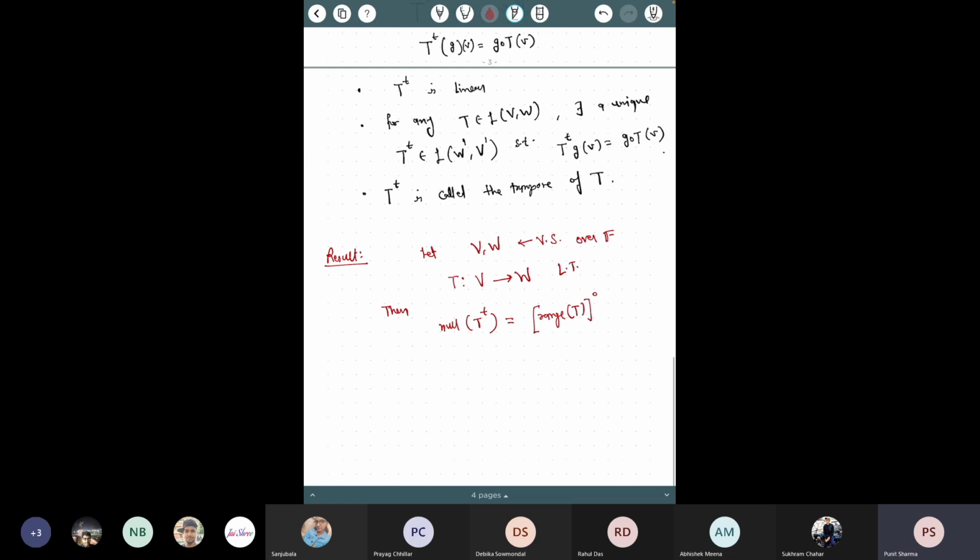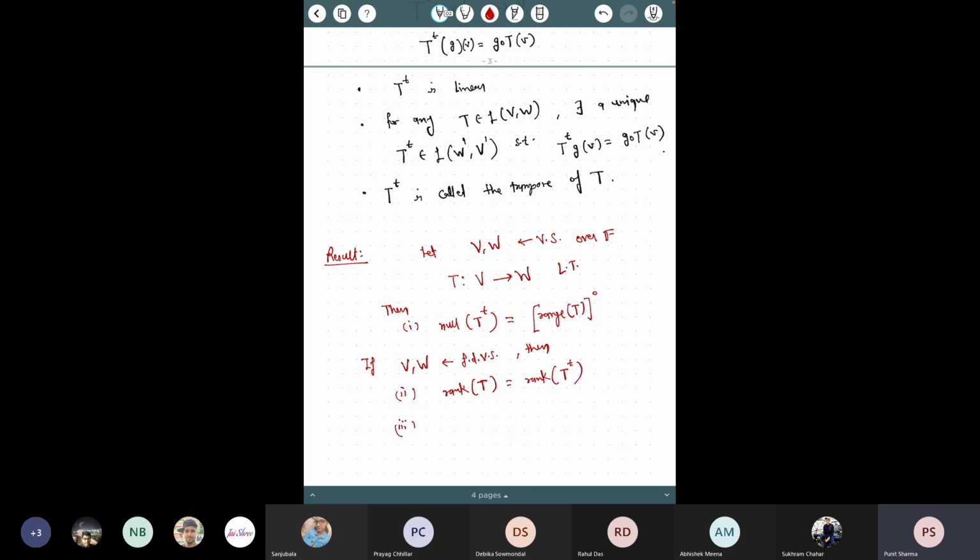Now we will prove this. This is something which is true for any given vector spaces V and W. But in addition to that, if V and W are of finite dimension, then we can show that the rank of T is the same as the rank of T transpose.